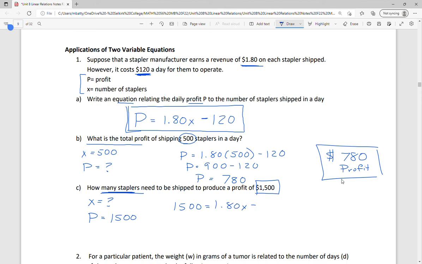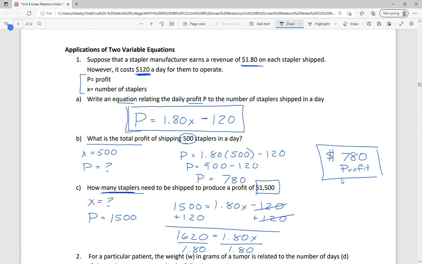1.8x minus 120. So in this one, it's a little bit trickier. We want to solve for x. We're going to use the skills that we have with solving one variable equations to move things around and get x all by itself. So that would be 1,500 plus the 120, so 1,620, equaling 1.80x. I'd have to divide by 1.80, and you'll notice this one is a little bit funky.